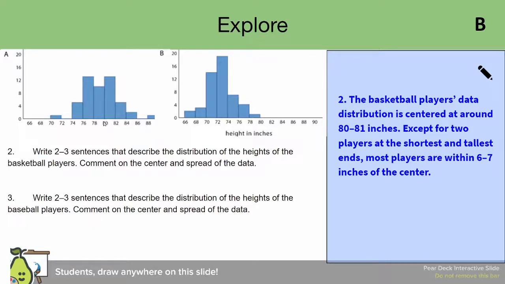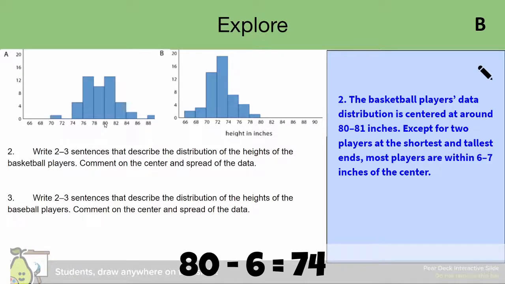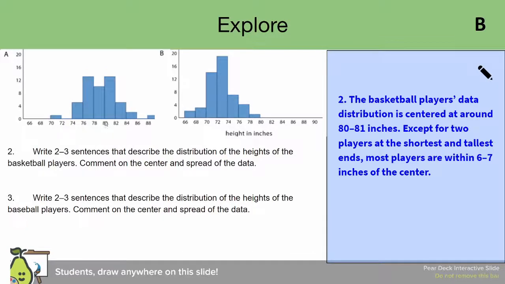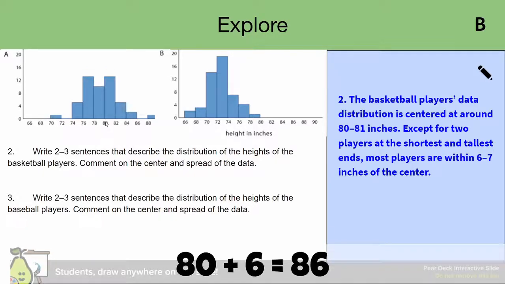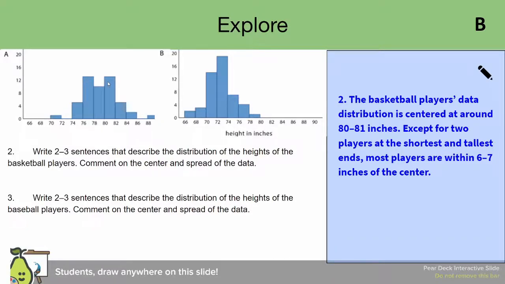If our center is 80 inches, then going to the left, 80 minus 6 ends at 74, and going to the right, 80 plus 6 takes us to 86. So 80 to 81 is approximately the center of the heights for our basketball players. If that's what you said, excellent work.